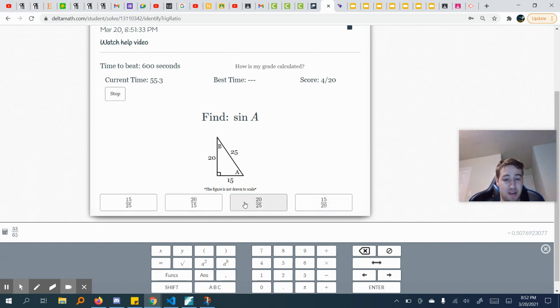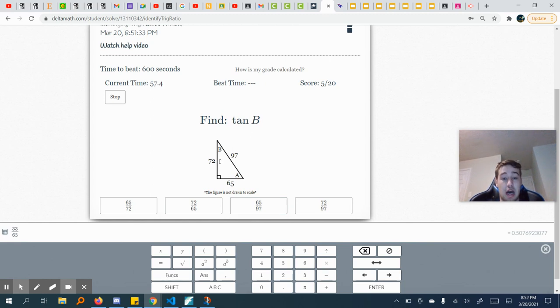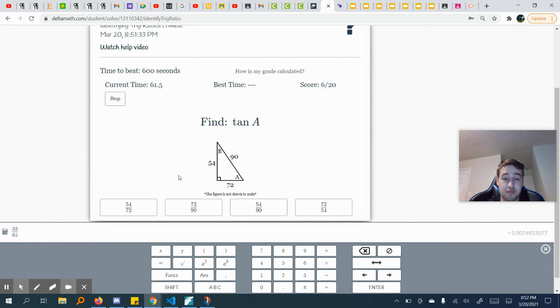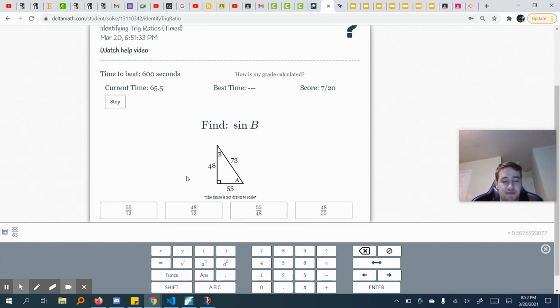So 20 over 25, opposite of B over adjacent, and then I'm just going to go ahead and round out the rest to show you it's not too bad to do.